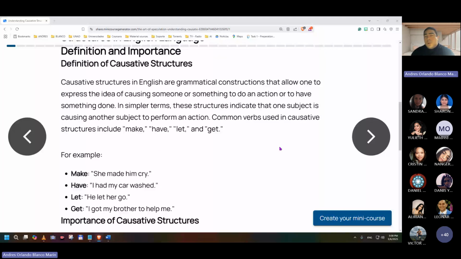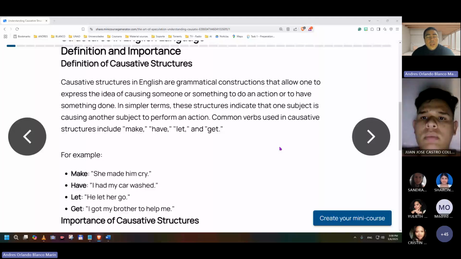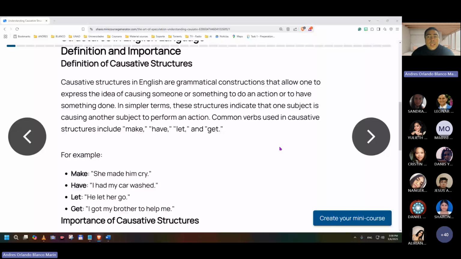Causative verbs or causative structures in English are grammatical constructions that allow one to express the idea of causing someone or something to do an action or to have something done. In simpler terms, these structures indicate that one subject is causing another subject to perform an action. Common verbs used in causative structures include make, have, let, and get.